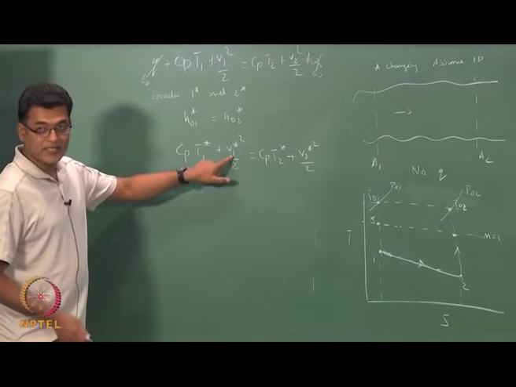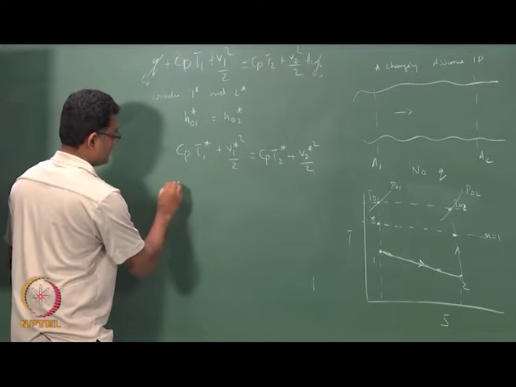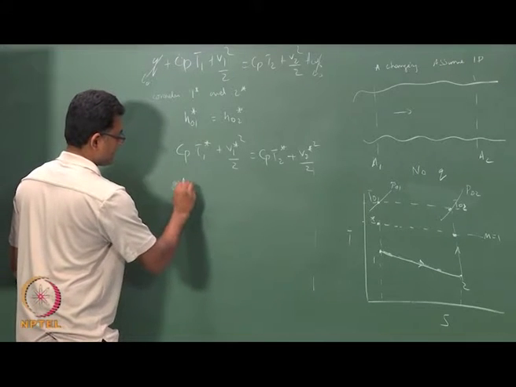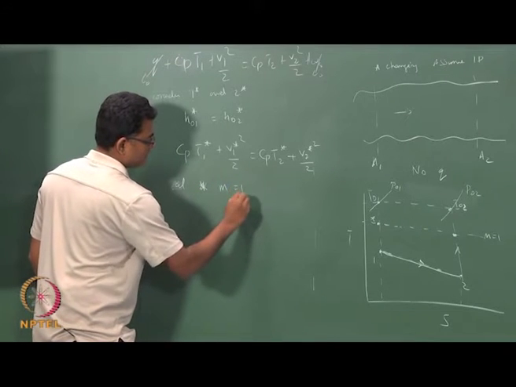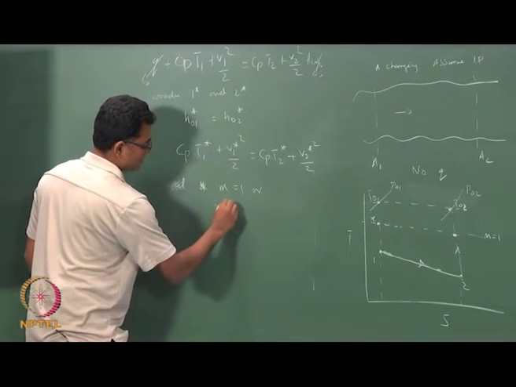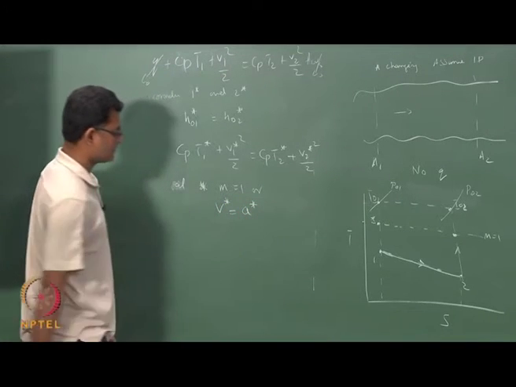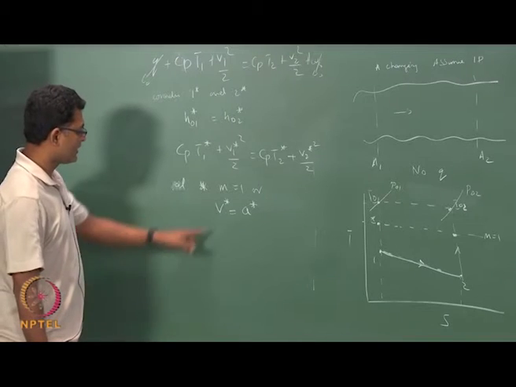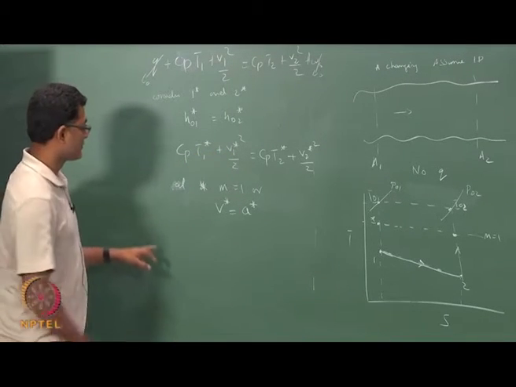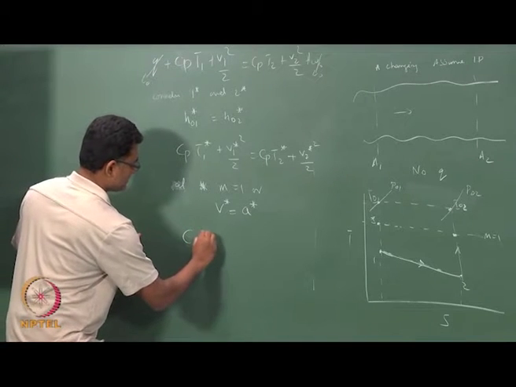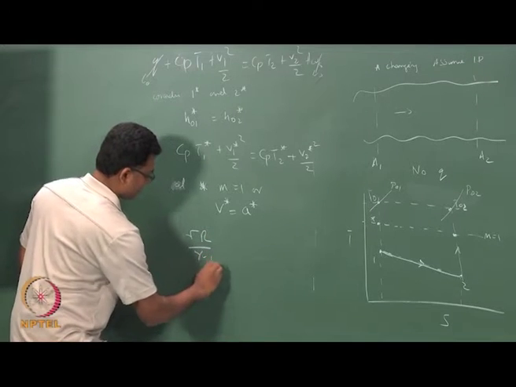Since it is a star quantity, I can replace, at star, my M equals 1, or my V star equals my a star. So, I can replace my V1 star with a1 star. So, what I will do is Cp, I replace it as gamma R by gamma minus 1.